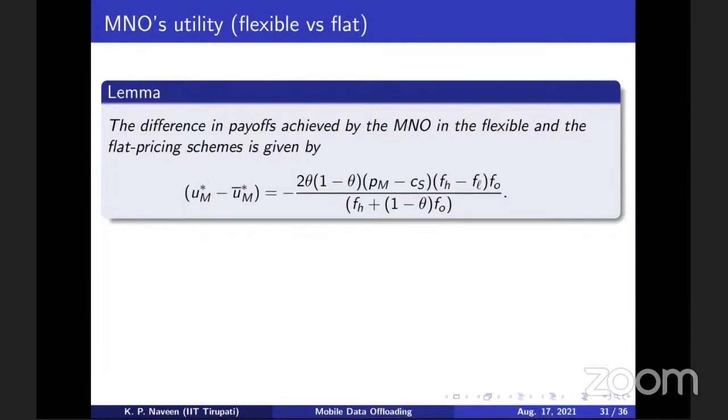But if we investigate what happens to the MNO, the MNO is actually losing revenue when we switch from flat to flexible pricing scheme. Okay. And interestingly, the revenue it loses is exactly the revenue that is made by the SSP, right? So that way the total revenue is actually conserved when we move from flat to flexible pricing scheme.